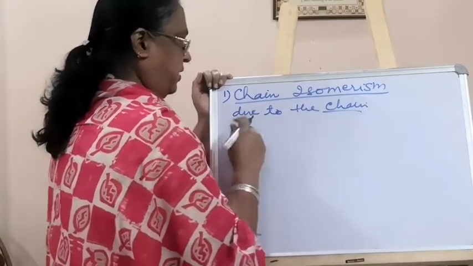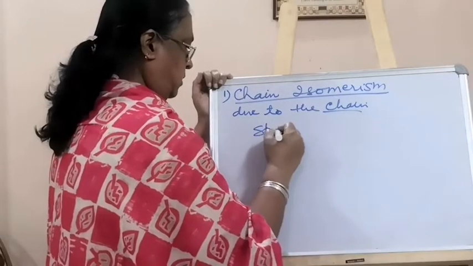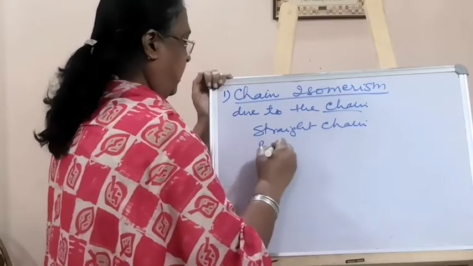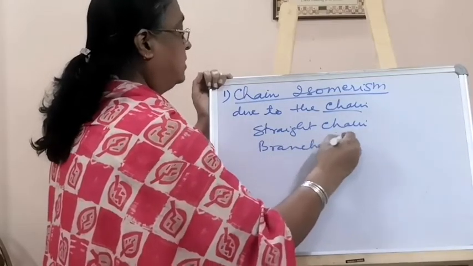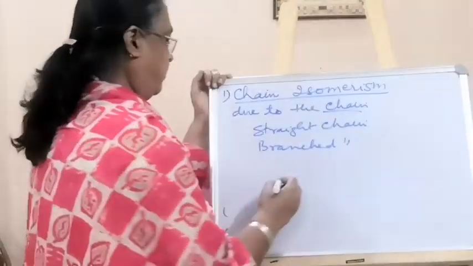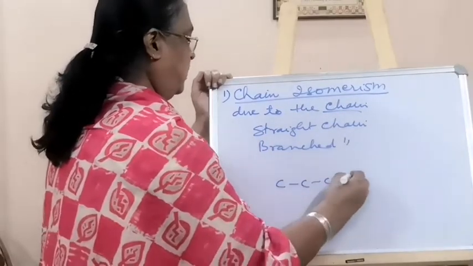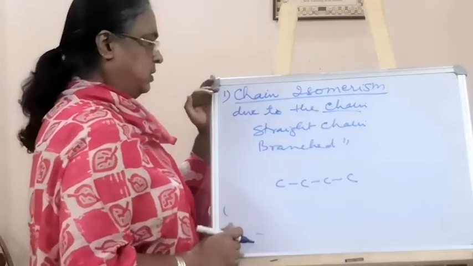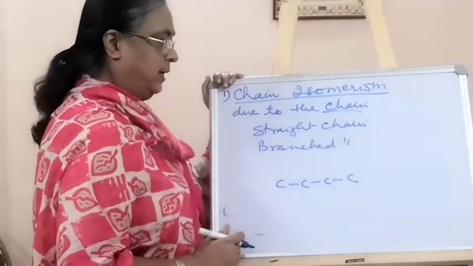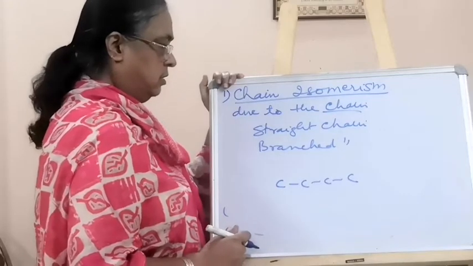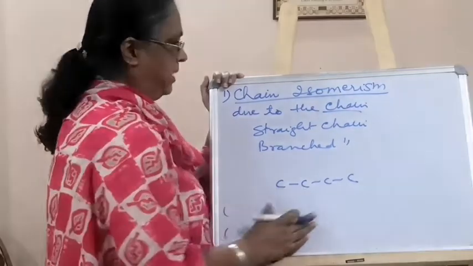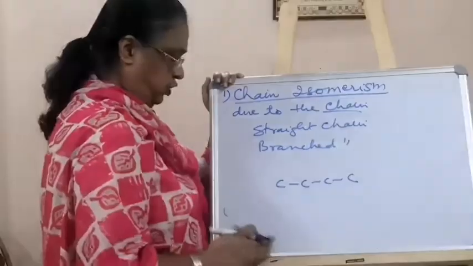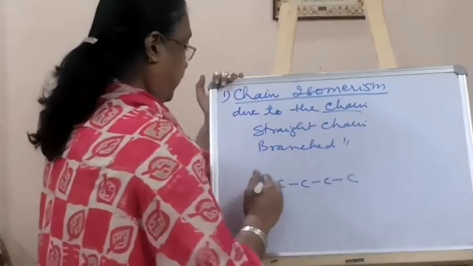One isomer will have a straight chain, and the other will have a branched chain. Take one example, 1, 2, 3, 4. One very important thing I tell you, this isomerism is shown by only those hydrocarbons which have at least 4 carbon. Less than 4 carbon, this isomerism is not possible. So at least they should have 4 carbon atoms.